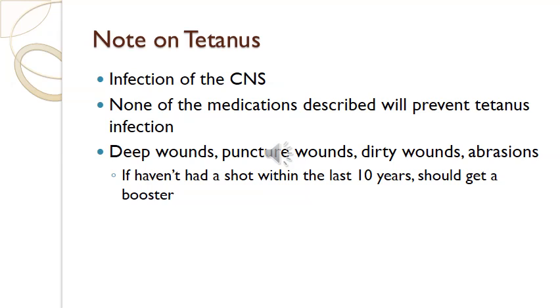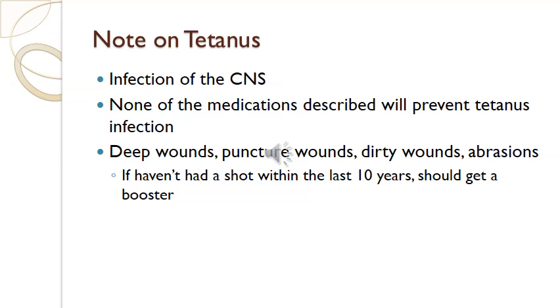What's usually suggested, if it's been 5 years since your last tetanus shot and you get a really dirty wound, the classic example being you step on a rusty nail or something of that sort, is that you should probably get a booster. That's within 5 years if it's a really, really dirty wound.